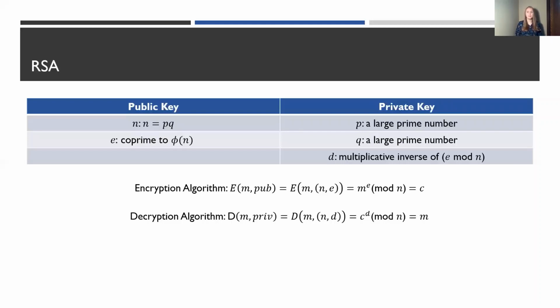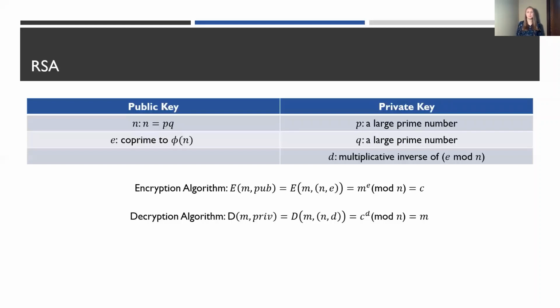At this point, using an algorithm called the extended Euclidean algorithm, we can find our final private key value, which we will denote as D. D is the multiplicative inverse of E modulo n. And again, if you are not sure exactly what modular arithmetic is, E modulo n gives you the remainder of E divided by n.